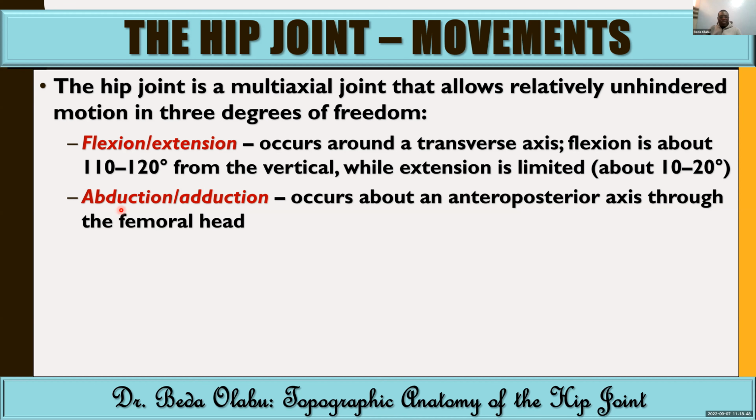Abduction at the hip is caused by gluteus medius, gluteus minimus, tensor fascia lata, and sartorius muscle. Now remember, hip abduction is a key movement also in stabilizing the hip during walking. We'll talk more about that and the clinical implications.